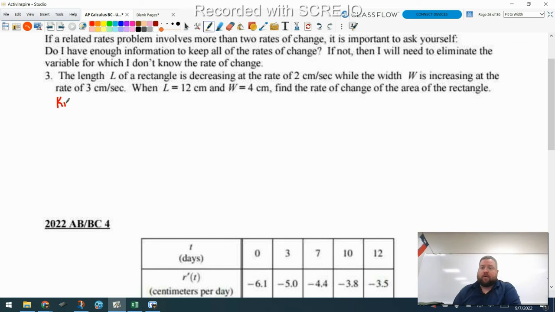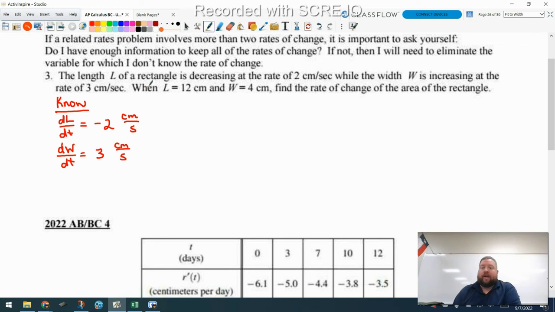So this is going to be part of what we know. dL over dt, it's decreasing, so negative 2 centimeters per second. While the width W is increasing at a rate of 3 centimeters per second. So dW over dt is equal to positive 3 centimeters per second.